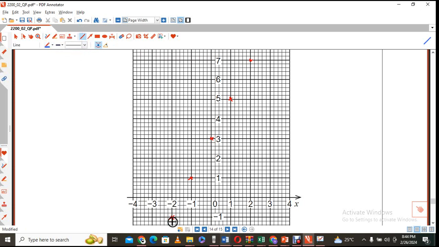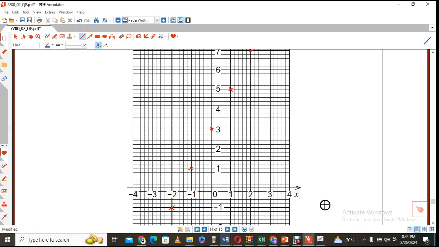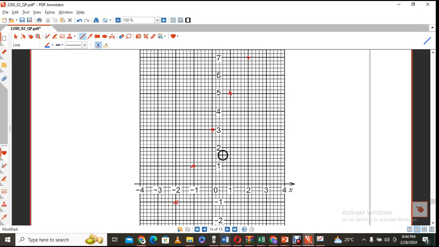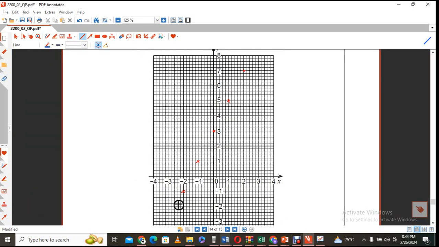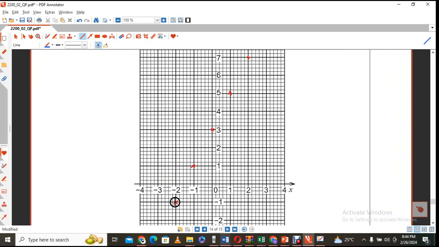Don't just stop there. You can obviously go out some more. Just make it nice so I can see. Can you see that all those red points are passing through that line?